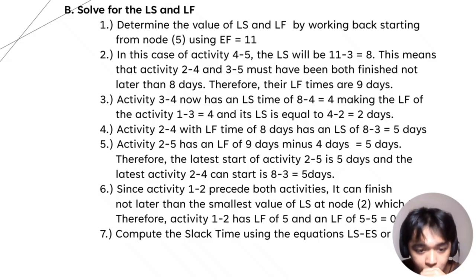Therefore, activity 1 to 2 has an LF of 5 and an LS of 5 minus 5 equals 0. So number 7, compute the slack time using the equations LS minus ES or LF minus EF. That is all, and thank you.